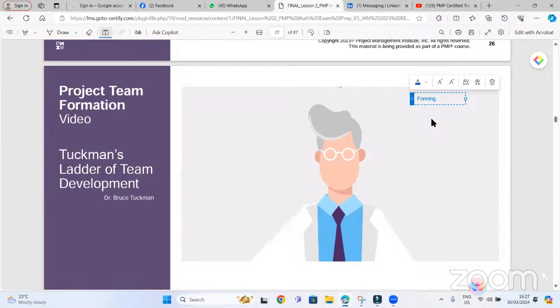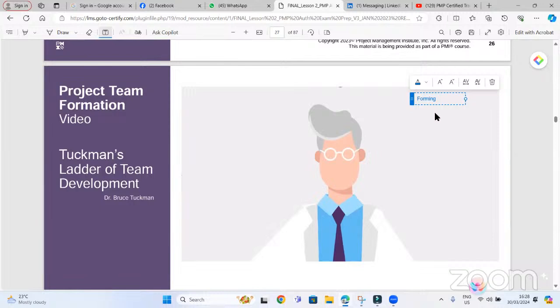But what does happen in the forming stage? This is the very first stage in which nobody knows much about the project. Nobody knows much about themselves, about each other. Why are they here? What is required from them? So being a leader, you need to give them the direction.